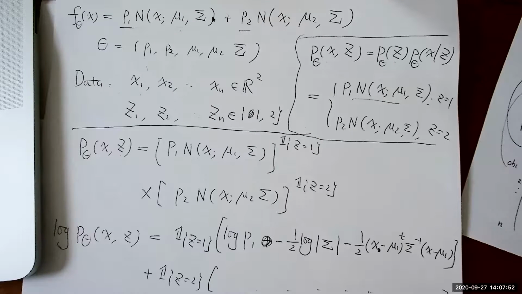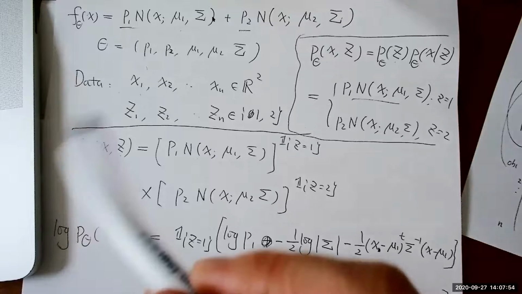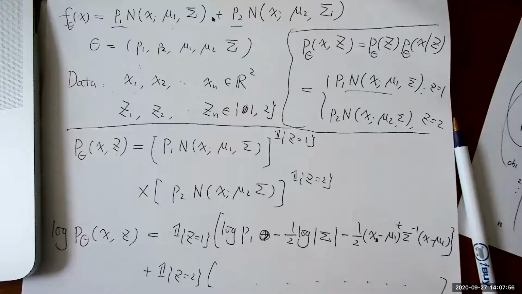Here's what you have to think about. Remember coding assignment 1, where you generate data from a mixture of 10 Gaussian distributions. You first generate which component you are from, a number from 1 to 10.